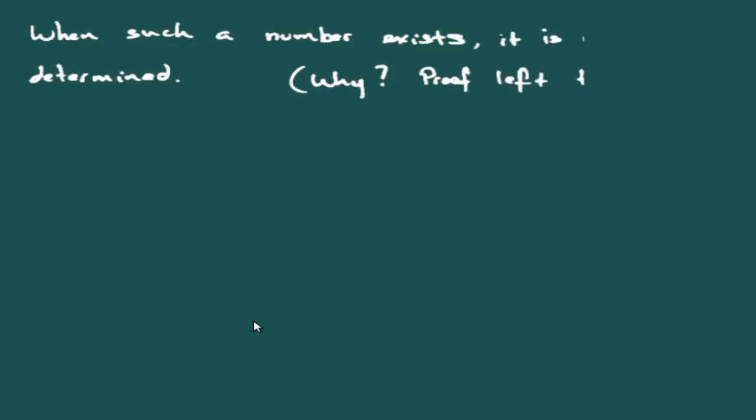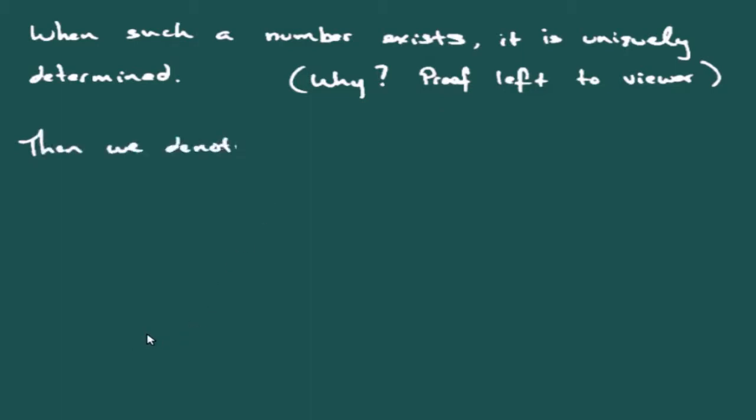And so when such a number exists, it is uniquely determined, so not a big surprise. Why would that be true? Well, you're looking at a standard uniqueness argument talking about distances, so we'll leave that proof to the viewer.